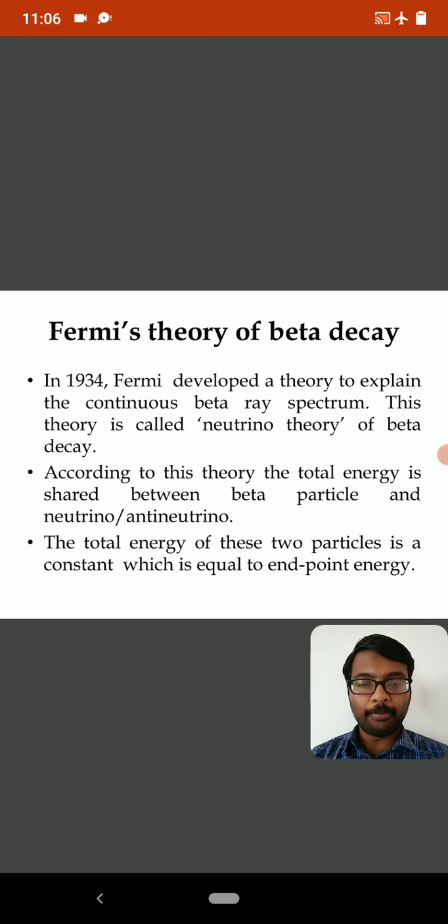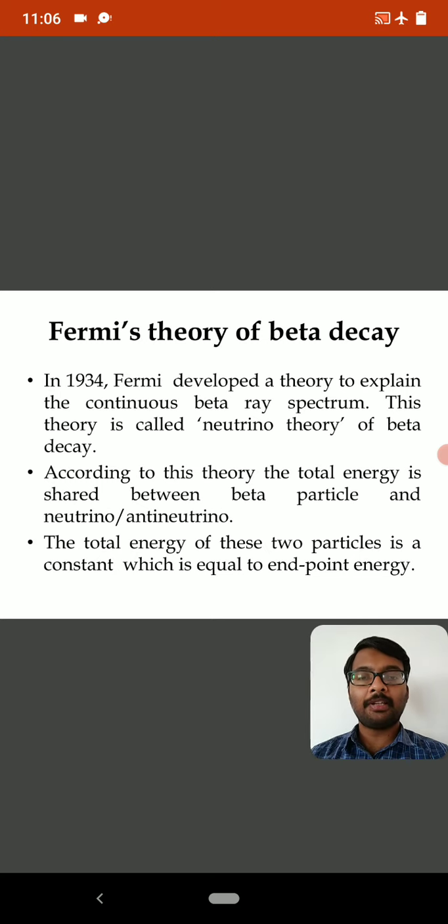So in this beta decay process, whether it is beta minus decay, beta plus decay or electron capture, the total energy released is not carried by that emitted beta particle, that may be electron or positron.